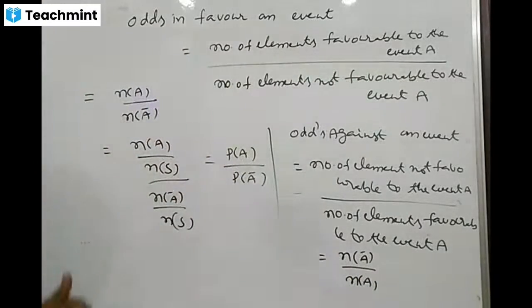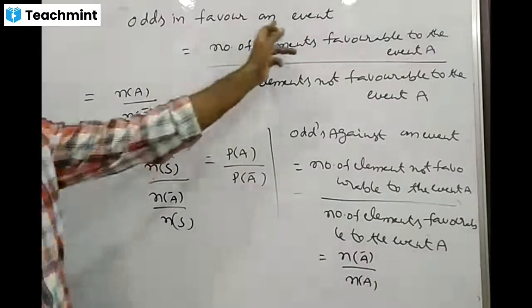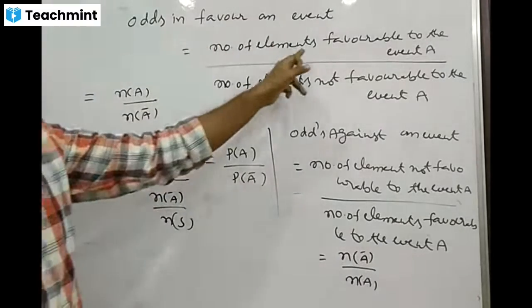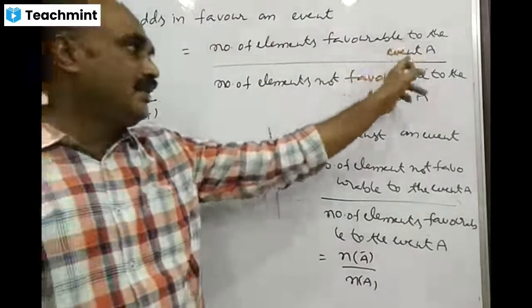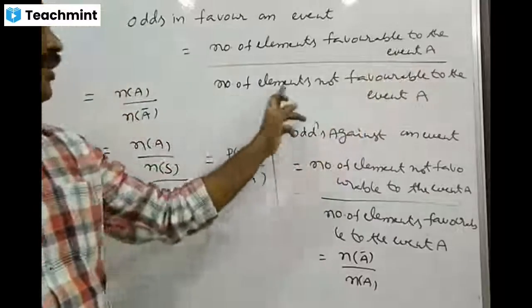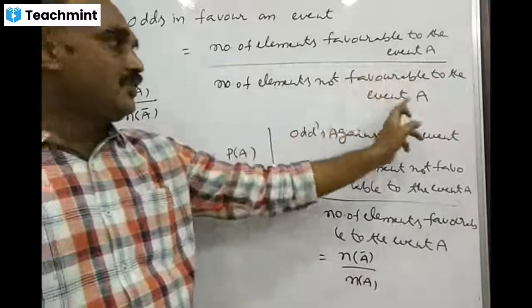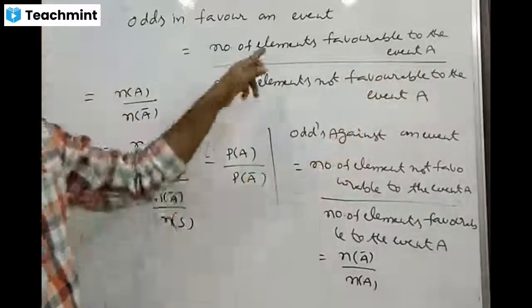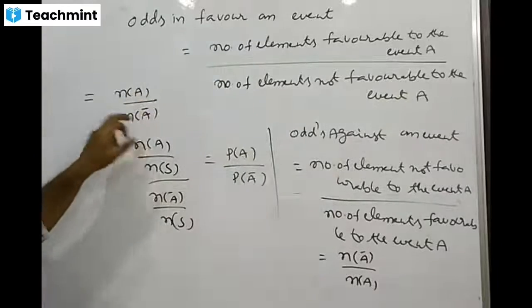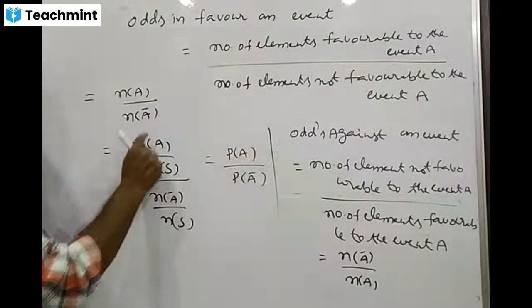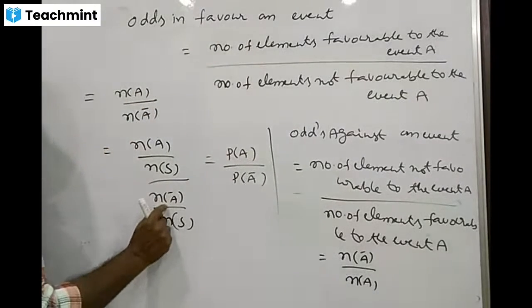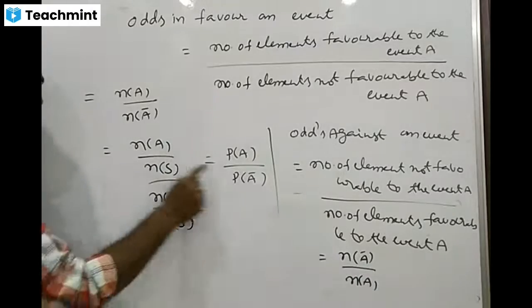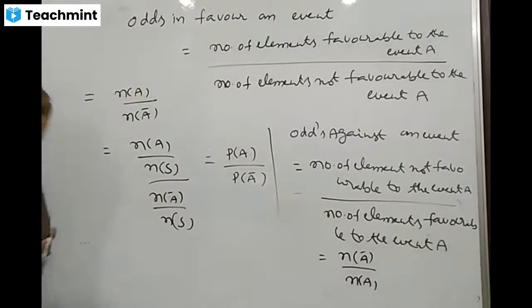First write down, friends. Odds in favor of an event is equal to number of elements favorable to the event A by number of elements not favorable to the event A, that is N of A by N of A bar. Dividing by N of S, this is P of A, this is P of A bar.